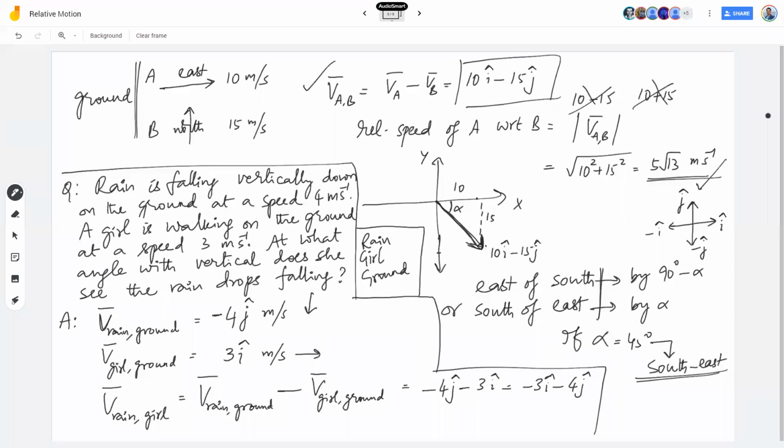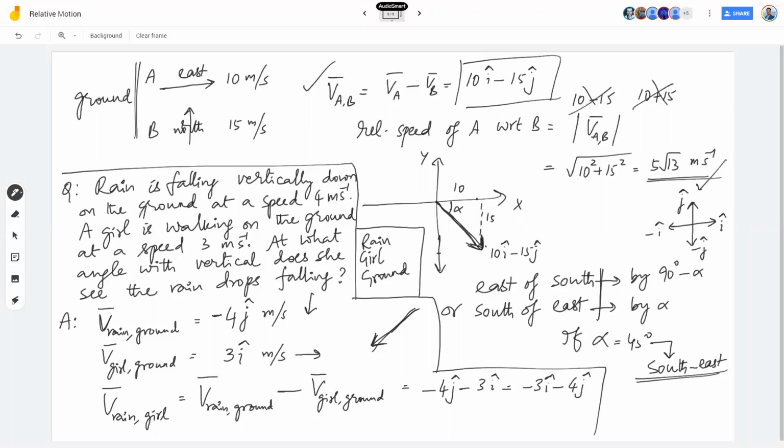Okay, minus 3 i cap minus 4 j cap. Which quadrant is that? Minus 3 i cap and minus 4 j cap is which quadrant? Third quadrant. Very good. So it appears to the girl, if she is walking into the rain, that the rain is falling like this on the girl.